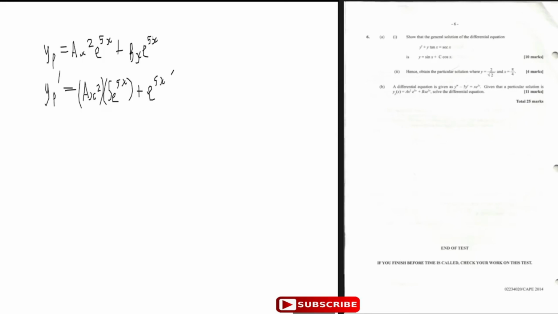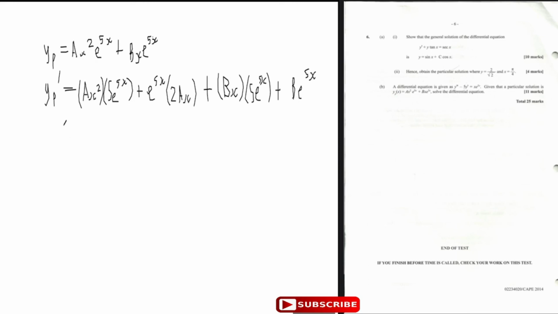The derivative of ax squared is 2ax, plus we differentiate bx e to the 5x: we keep the first, bx, times the derivative of the second, 5e to the 5x, plus keep the second, e to the 5x, times the derivative of the first. When you differentiate bx, you just get b.